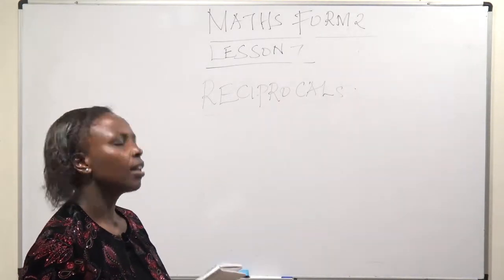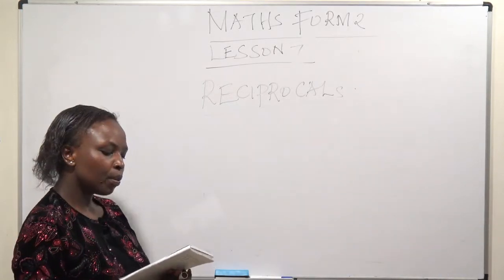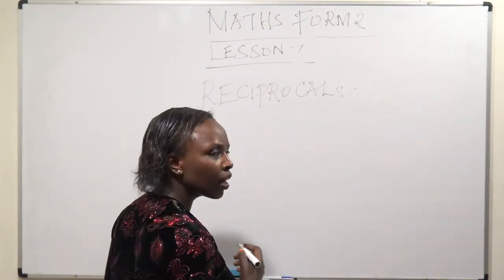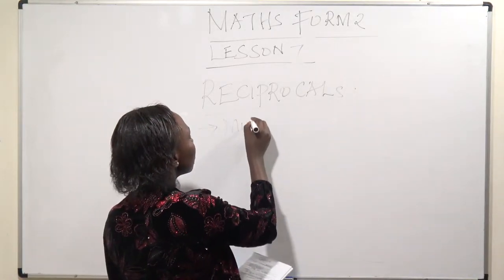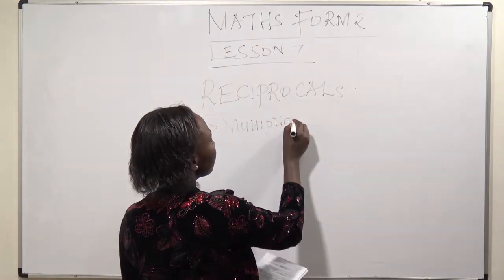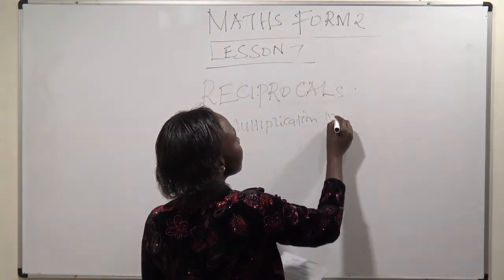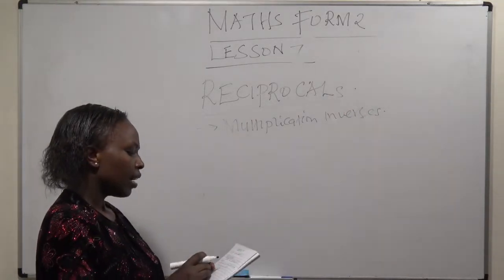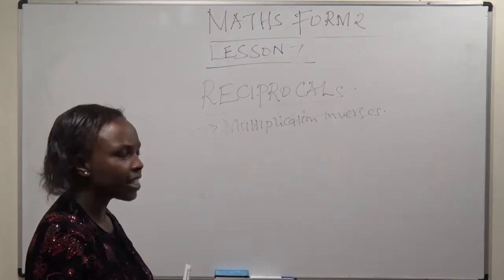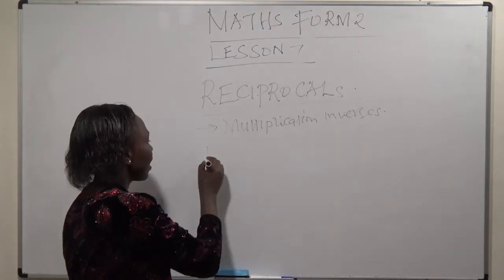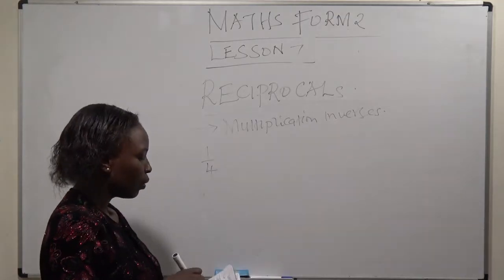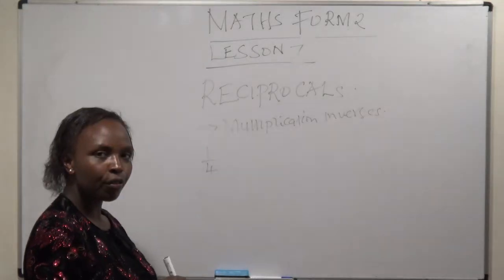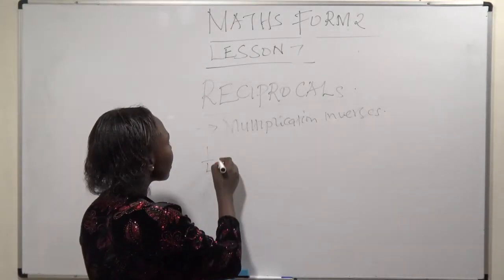What do I mean? Reciprocals are multiplication inverses. If you are asked to define a reciprocal, we call them multiplication inverses. For example, let's take a fraction like a quarter. We say that a quarter is the multiplication inverse of the number 4.